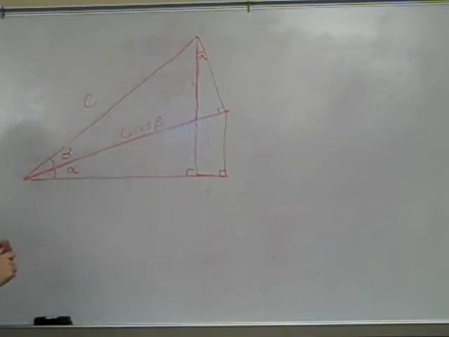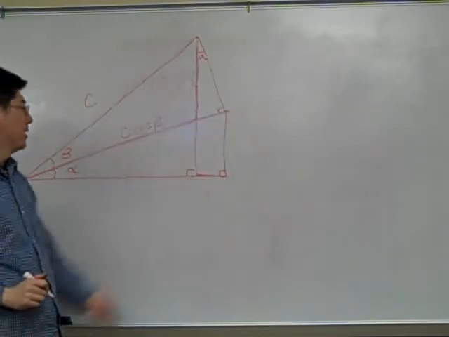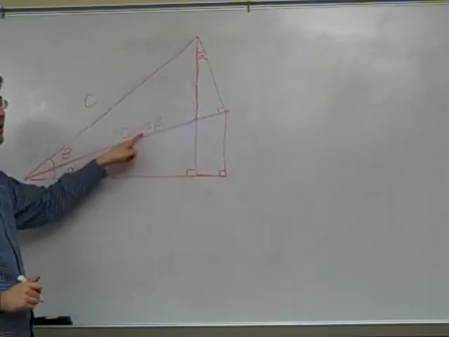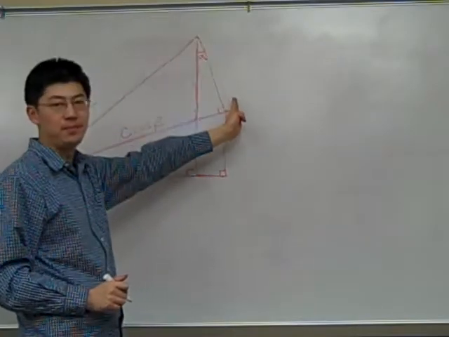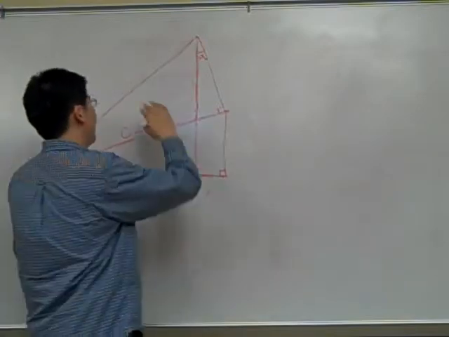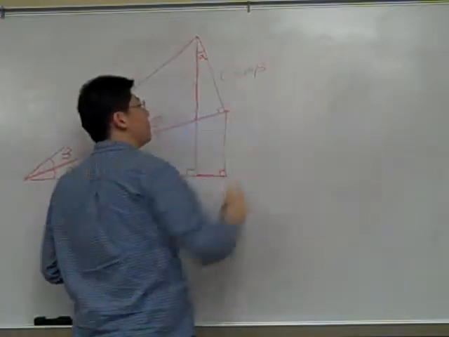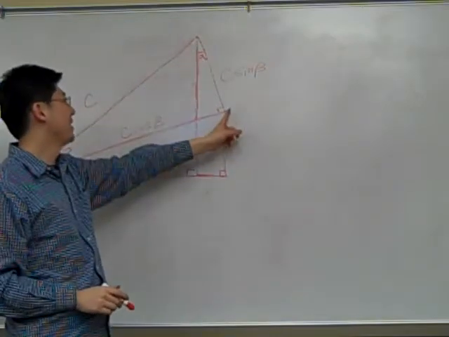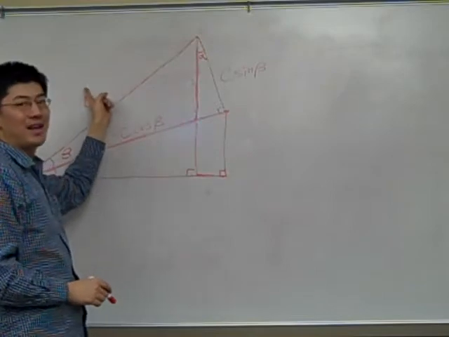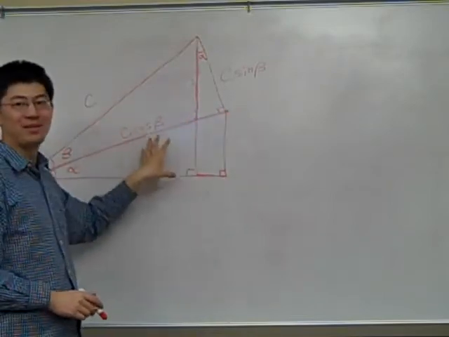So this is the rule in general: if you have a hypotenuse and you have an angle, and you want an expression for the adjacent side, it's going to be hypotenuse times cosine of the angle. Similarly, for this opposite side here, we will do the hypotenuse times the sine of beta. Before, I went through the steps: opposite over hypotenuse is equal to sine of beta, and we multiply to the other side and get c sine of beta.